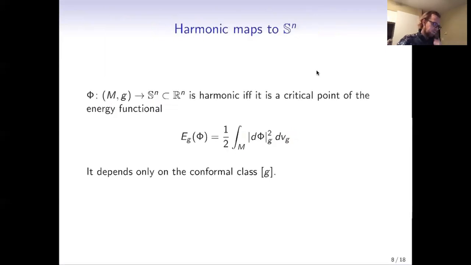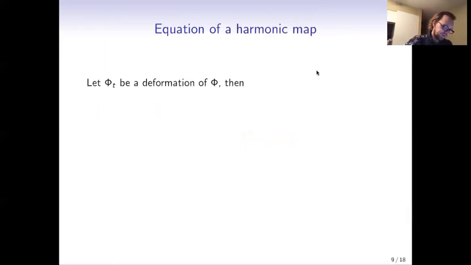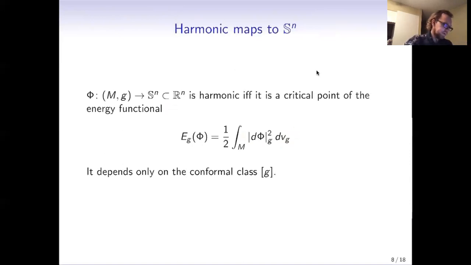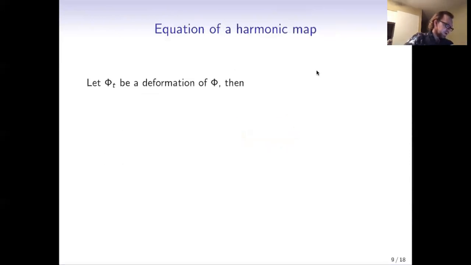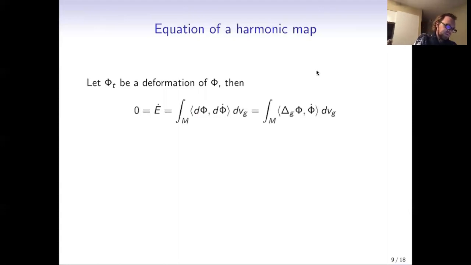So let's find the equation of this harmonic map for the particular case of maps to a sphere. The same type of argument: consider a deformation φ_t to some different map to a sphere and take the derivative. So you move this d to the left-hand side, d becomes δ, and δd is a Laplacian. So you get this. Now, what is the condition on φ dot? φ dot cannot be just anything.